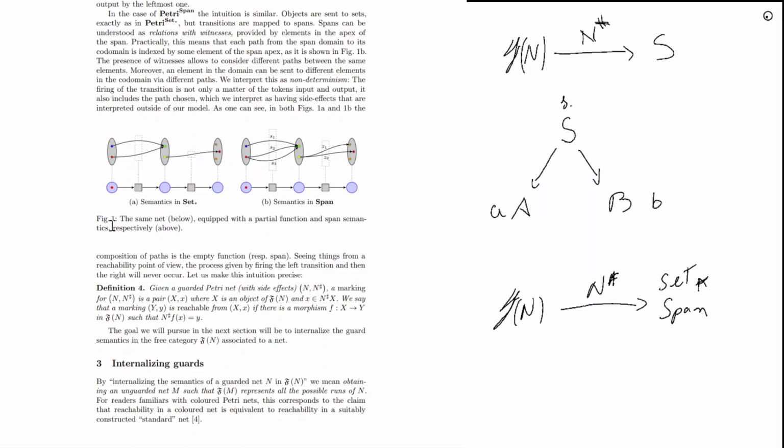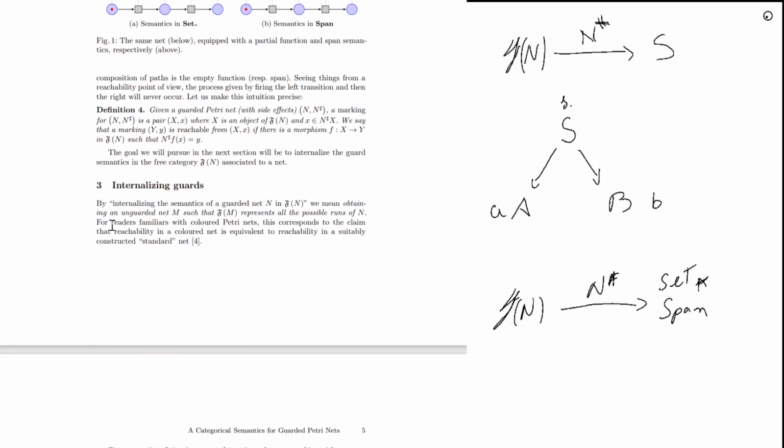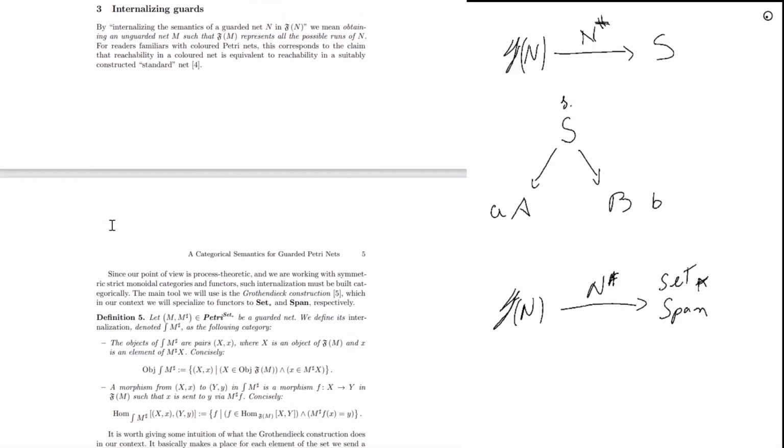Now, category theory gives us a very nice way of modeling this idea that we can internalize this guard semantics. And this is done by using the Grothendieck construction, which is a very famous tool in category theory, which basically turns a functor into a fibration.